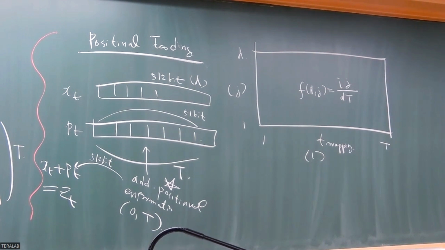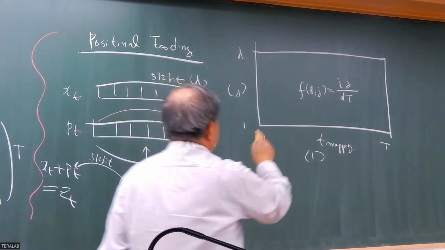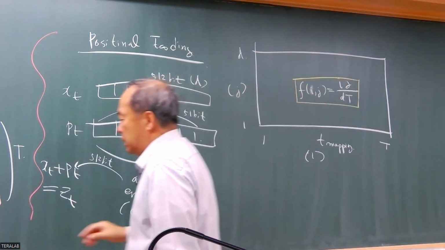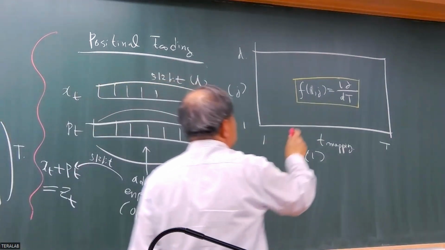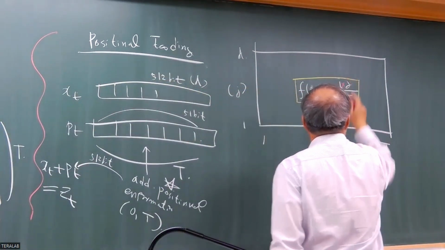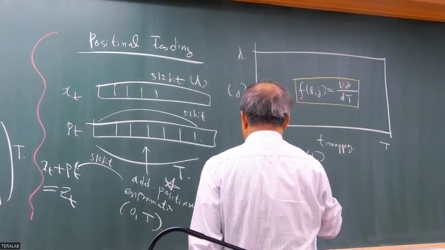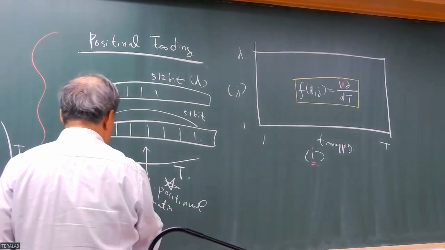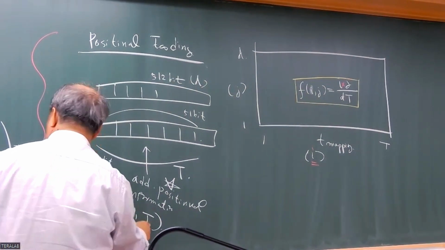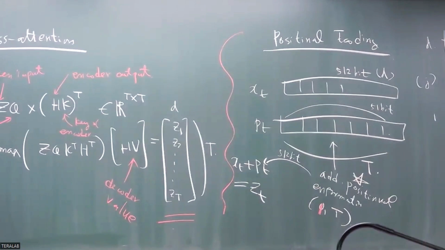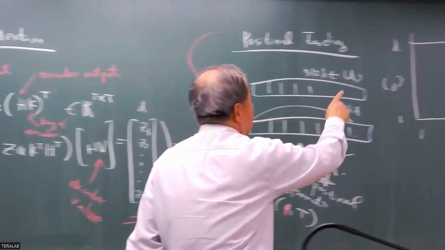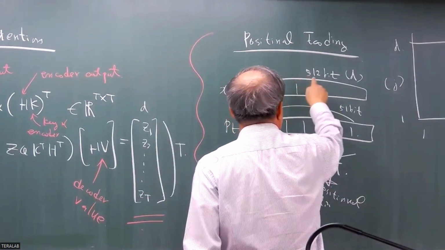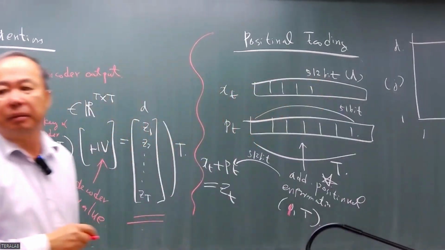But let's assume that our coding function is represented by multiplication of I and J. I means the position in the word sequence from 1 to T, and J means the position in the encoded bits, in the 512 bits.